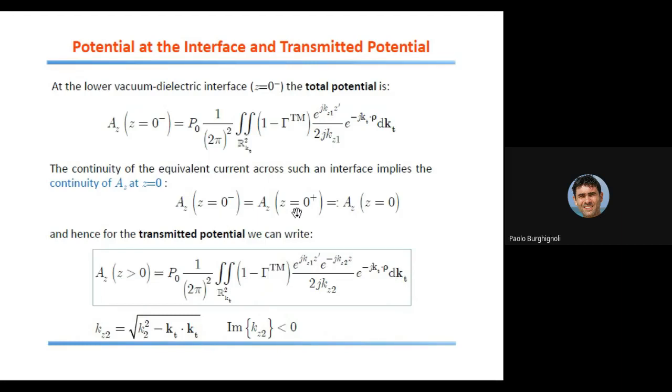So if we know the potential at the interface, we can simply write the transmitted potential by letting each plane wave propagate according to the correct exponential, which is e to the minus j kz2 z, because now we are inside medium 2, okay? So you can see the wave number kz2, which is, of course, again given by the square root of k2 squared minus kt dot kt.